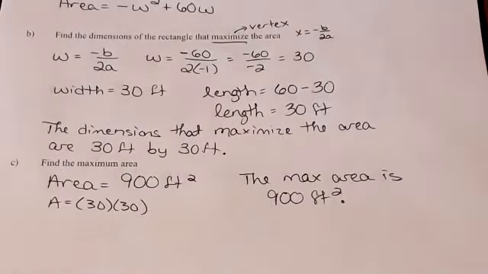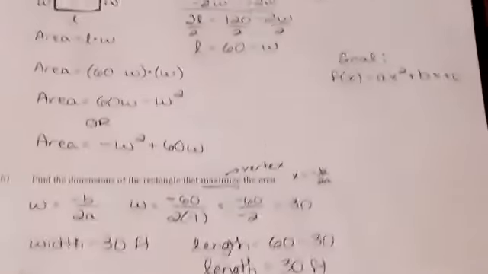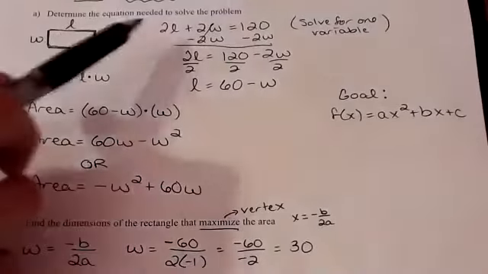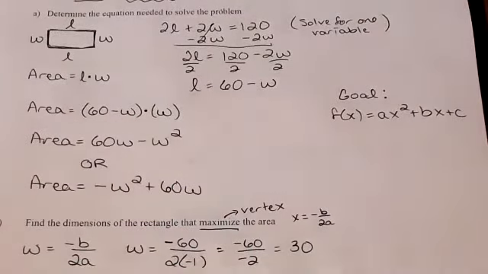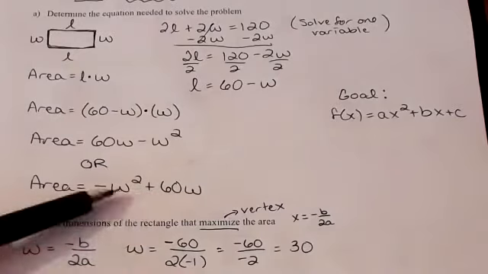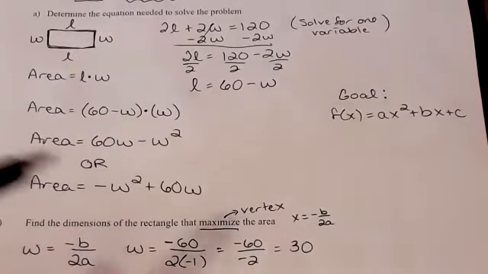And then you just have to think about what your goal is. Your goal is to write your quadratic equation, which implies we need to solve for one of the variables and then plug it into your formula, so that you can actually get your quadratic equation. That's what you are looking for when you maximize or minimize your application problems.